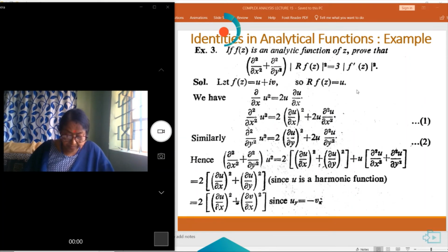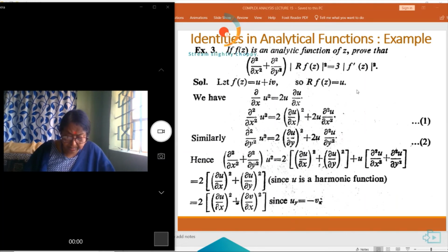Similarly, del 2 u square by del y square is on your screen. So hence del 2 by del x square plus del 2 by del y square of u square is equal to whatever you can see on your screen.